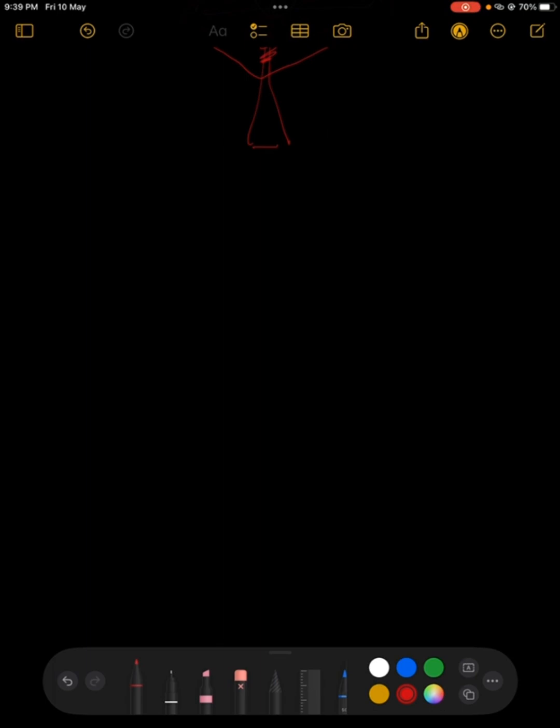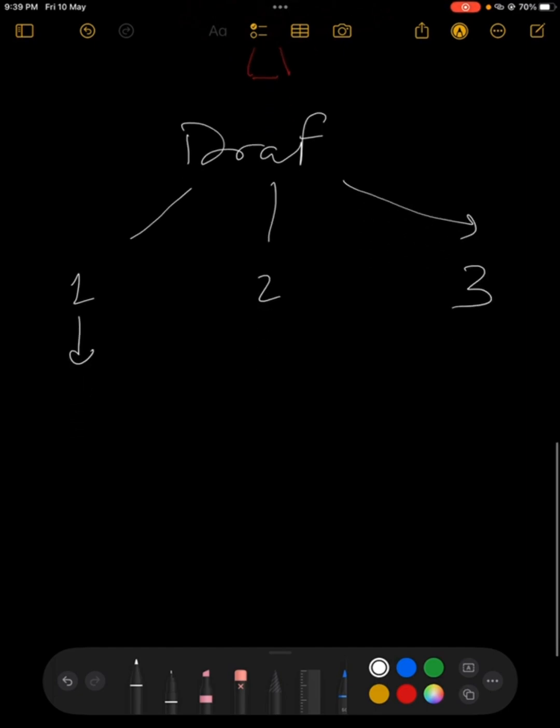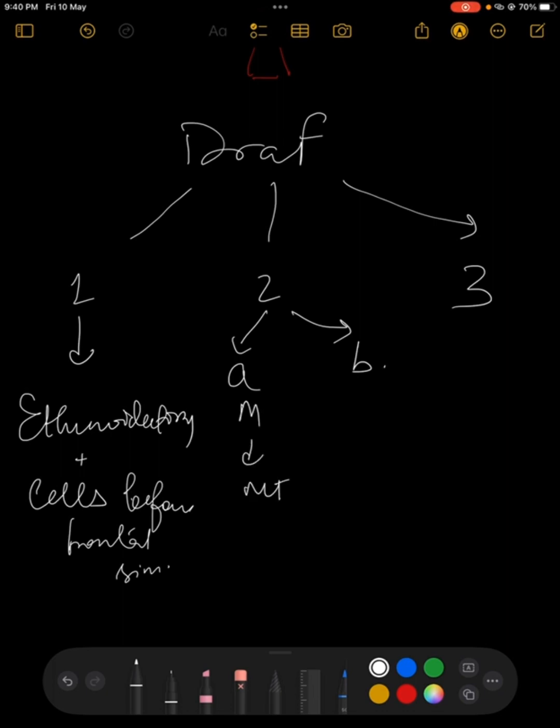So let's revise it once again. DRAF 1, 2 and 3. In DRAF 1, we are only doing ethmoidectomy and clearing cells lying before the frontal sinus. In type 2, we have two types, 2A and 2B. 2AM, that is middle turbinate. 2B is nasal septum.